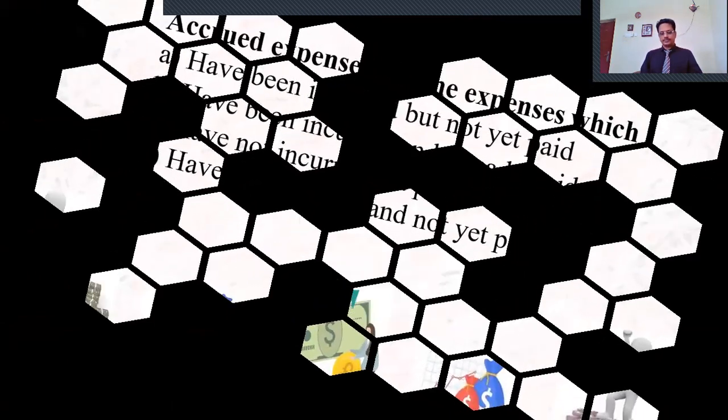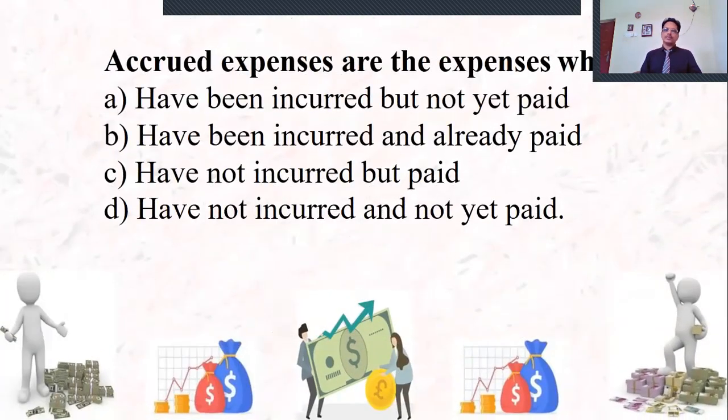Now we go to accrued expense, the expense which we just discussed. Accrued expense is expense due but not paid, incurred but not yet paid. Incurred or due, both have the same meaning. Incurred and already paid is not like that. Not incurred but paid is an advance, muqaddam. Not incurred and not paid is just an option. So the first is the correct option: incurred but not paid.